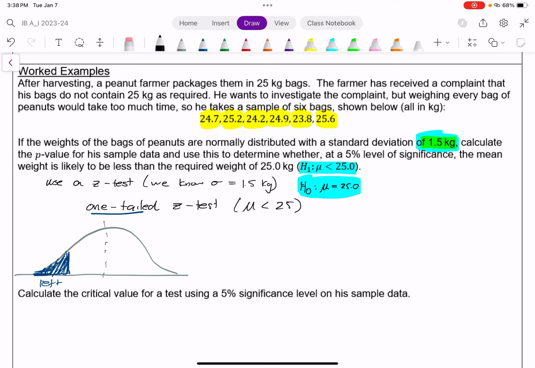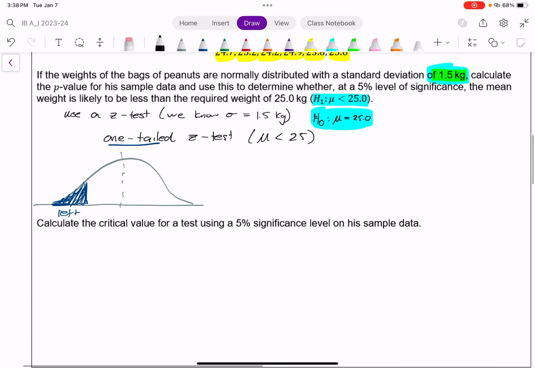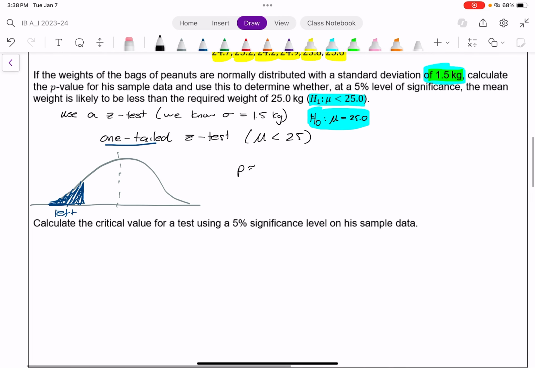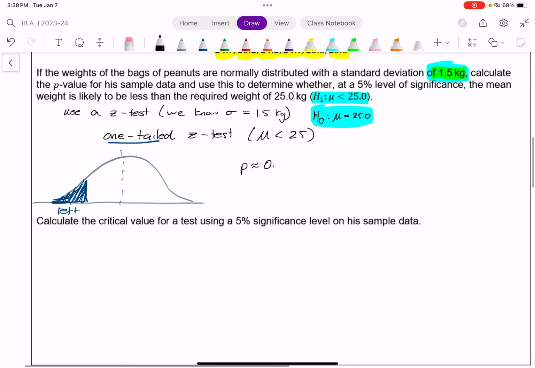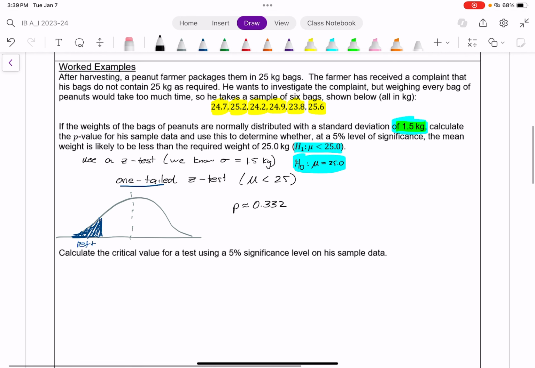We should pretty quickly get the probability of a sample coming up like this. The p-value we get is approximately 0.332, which, recall, means there's approximately a 33% probability that we would get a sample like this, assuming the mean of the population really is 25.